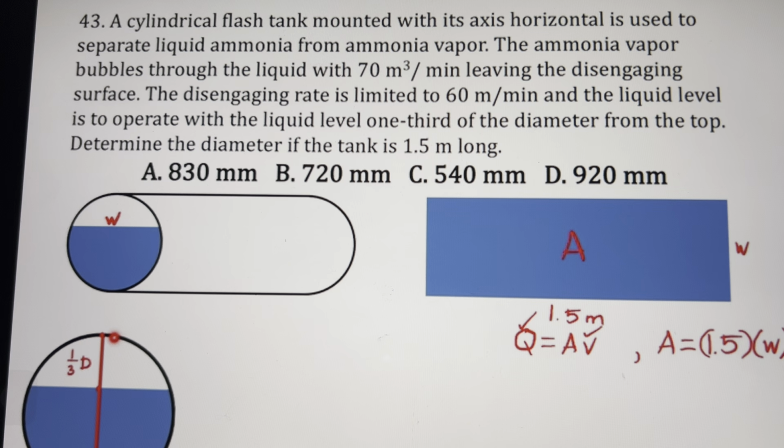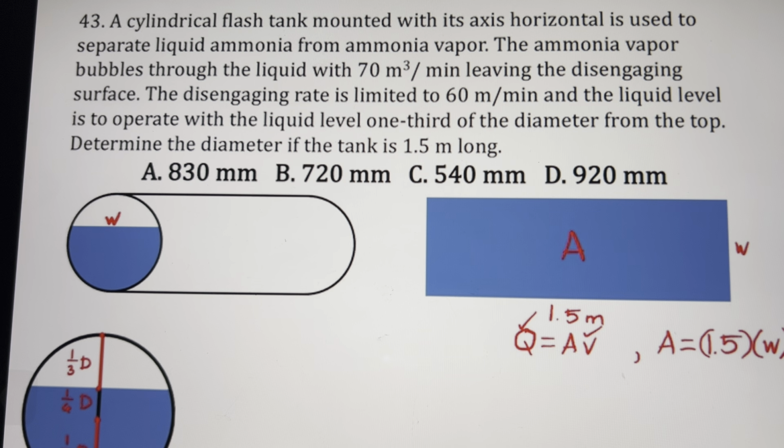So that section from the top of the tank to its surface is 1/3. And we know from the center of our circle up to any point in our circle, that is the radius, or 1/2 the diameter. So this section is equivalent to the whole diameter minus 1/3 of the diameter minus 1/2 of the diameter, which is equivalent to 1/6 of the diameter.